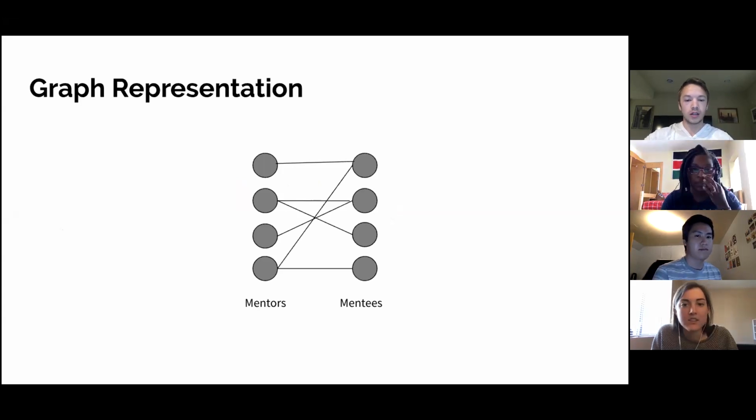You're looking at it as if it's a graph where you have two columns of nodes, on the left being mentors, on the right being mentees, and the connections between them are whether or not that mentor can be matched with that specific mentee. As you can see, this is a simple example, but each mentor could be matched to a number of different mentees, and each mentee could be matched to a number of different mentors, meaning they potentially could be matched at the end of this process. Next slide.